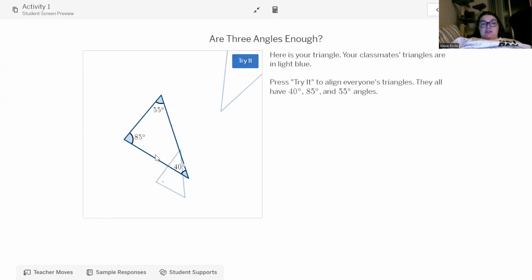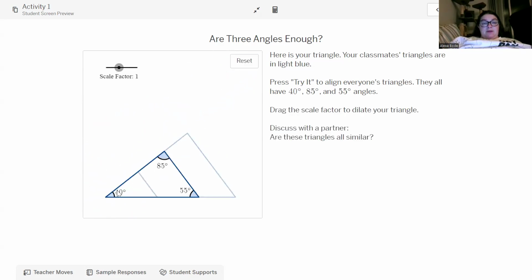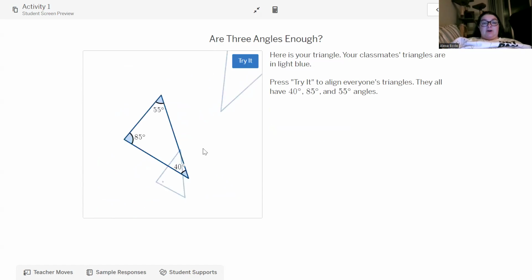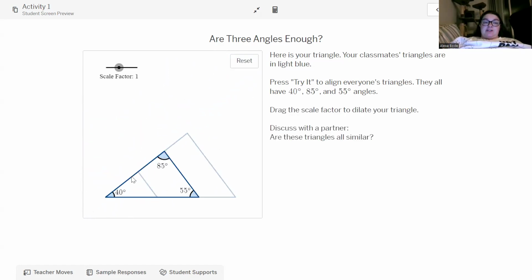I've got these triangles in the different shapes that people could have drawn them, in different places, different sizes, but they all have these same angles. It translated the points together, rotated them, and then reflected them. So it did all of our rigid transformations from Unit 1: translation, rotation, reflection, so that they all lined up to have this angle match up.